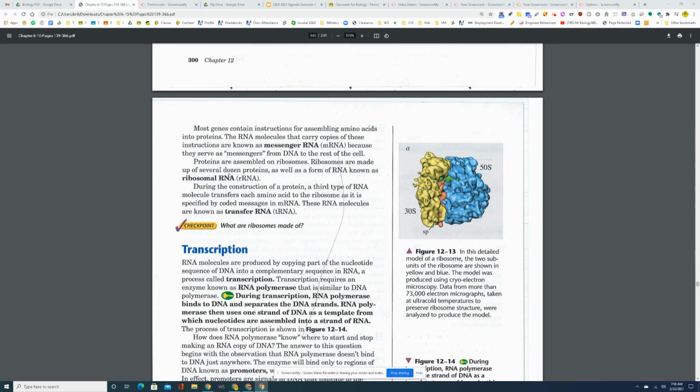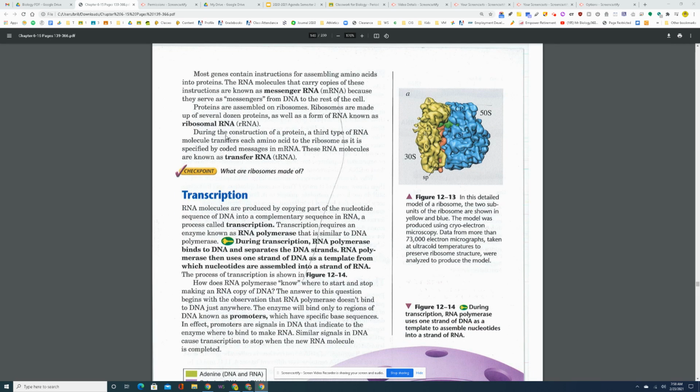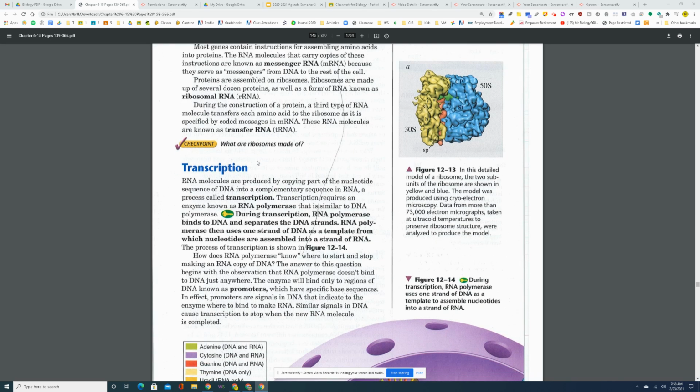Ribosomes are made of several dozen proteins as well as a form of RNA known as ribosomal RNA. During the construction of protein, a third type of RNA molecule transfers each amino acid to the ribosome as it is specified by coded messages in the mRNA. These RNA molecules are known as transfer RNA.